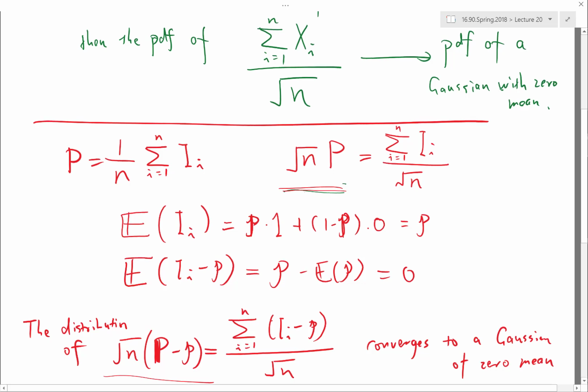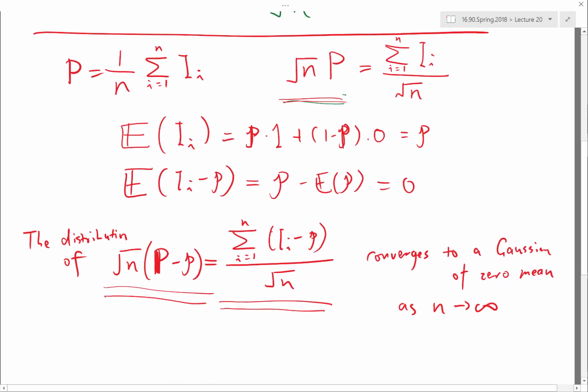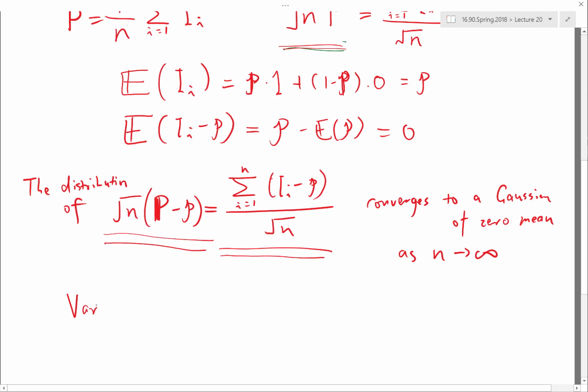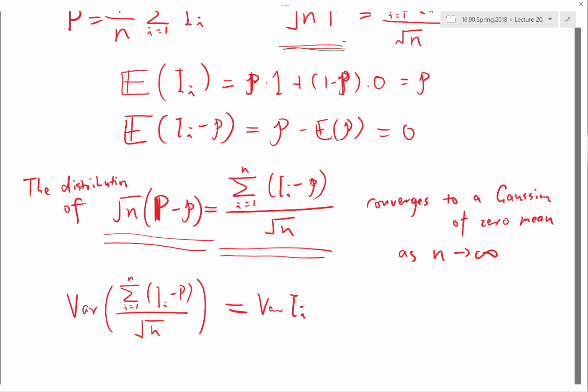All right, so this is really just trying to find the variance of this guy. Now the variance of this is actually also very simple. It is equal to the variance of each of these I's, simply from the fact that all of the I's are independent and identically distributed.